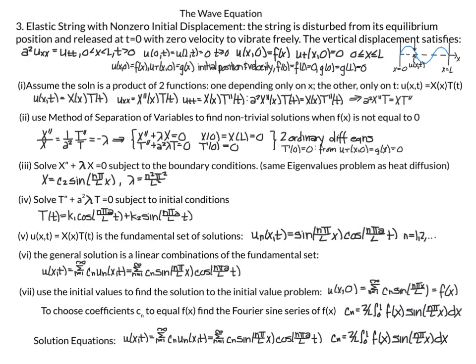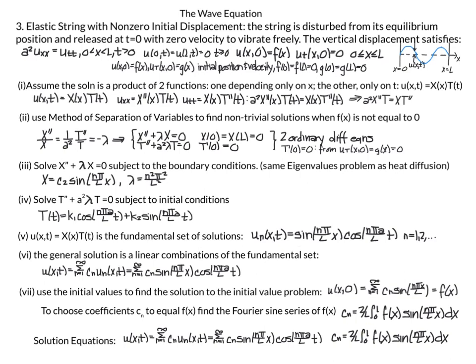So the solution to our equation is Cn times sine of n pi x over L, times cosine of n pi a t over L, where Cn are the Fourier coefficients of the sine series of f of x. I used the formula for the sine series where you do 2 over L and integrate from 0 to L, or you can integrate 1 over L from negative L to L.